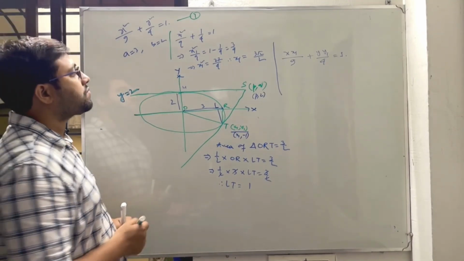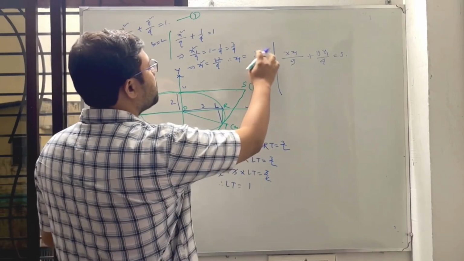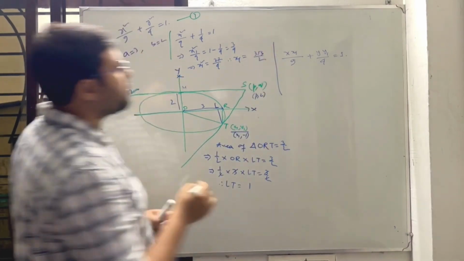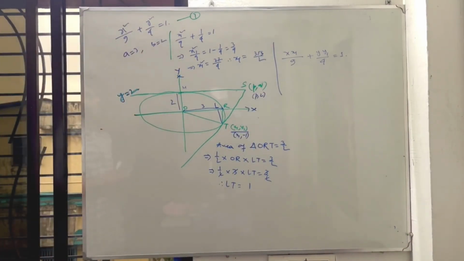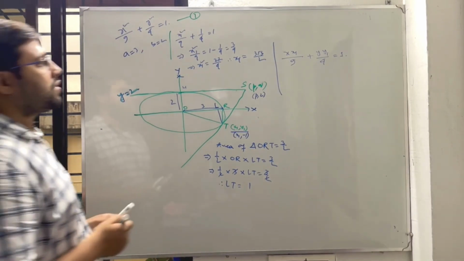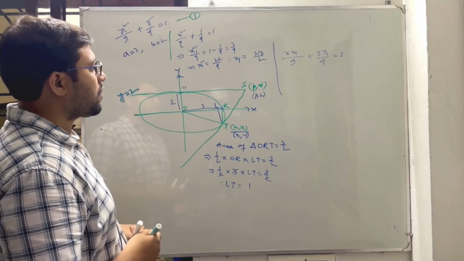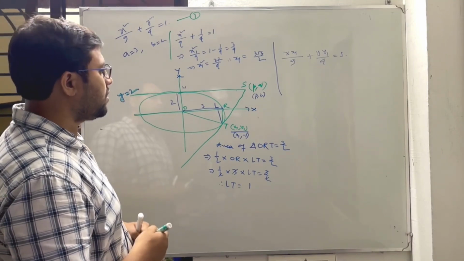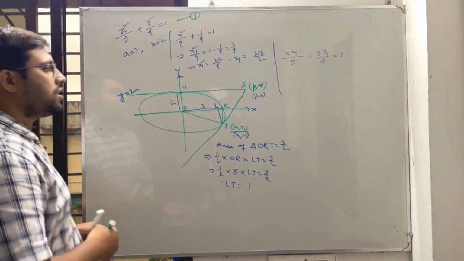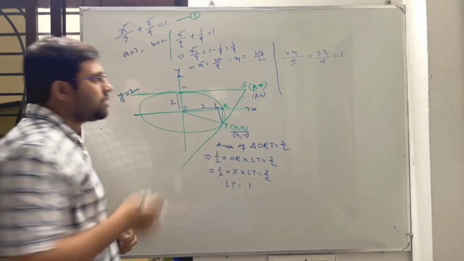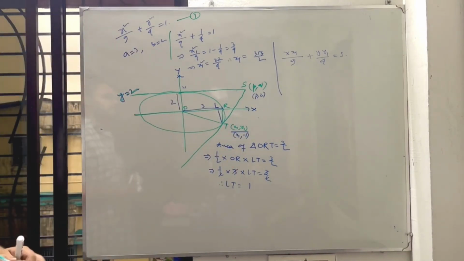Sorry, here it will be 3 root 3 by 2. Now we will use the value of x1 in the tangent, so that we can get the value of p.